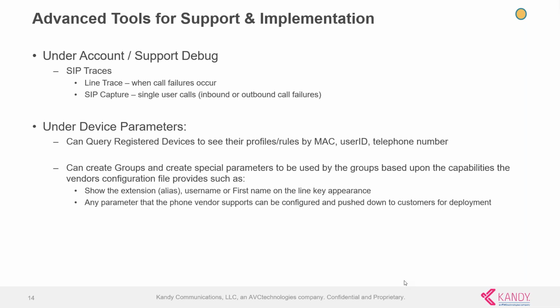So again, we've got previous fireside chats where we detail how to use these tools, but those are the primary ones that I would use for this. It is the SIP capture tool. You can always, once you have it registered, query the registrations to verify that the system believes it's registered as well.